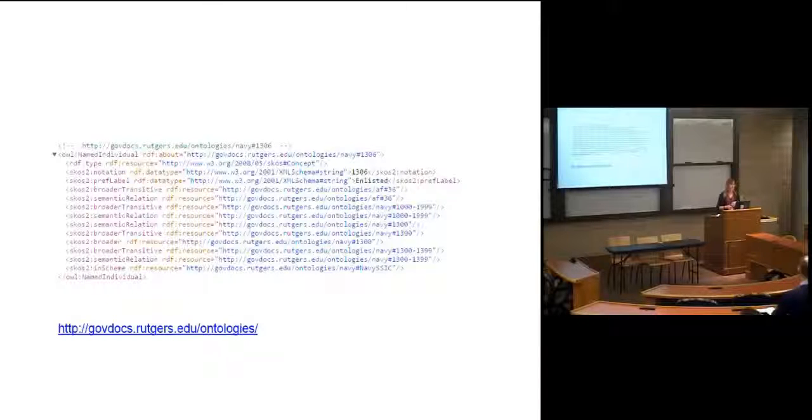And I'm just showing you a little example of the code just so you have an idea of how it looks. We rely a lot on the SKOS vocabulary, which is an RDF-based vocabulary. It's designed to describe things like this. Subject classification systems is one of the things.